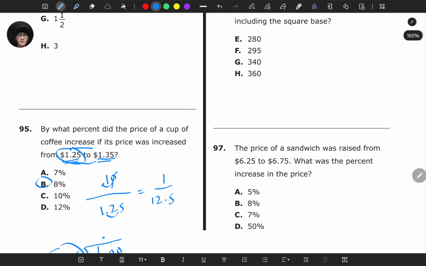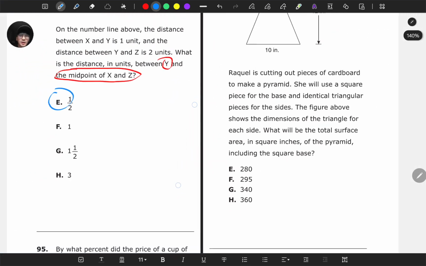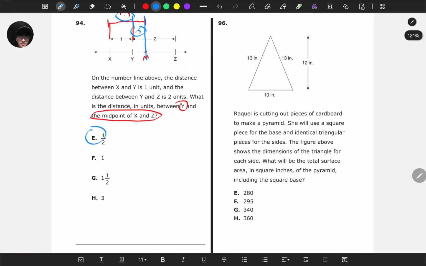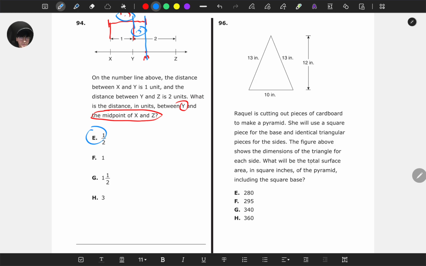Okay, let me see here. 96. What will be the total surface area in square inches of the pyramid, including the square base? Okay, so the key word is surface area, the total surface area, and the shape of this figure.